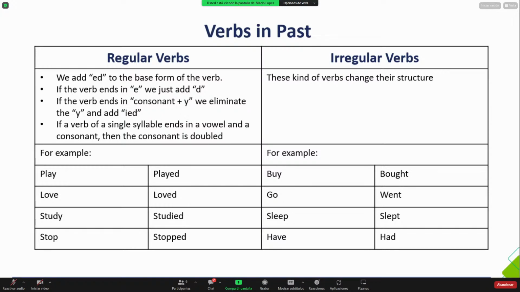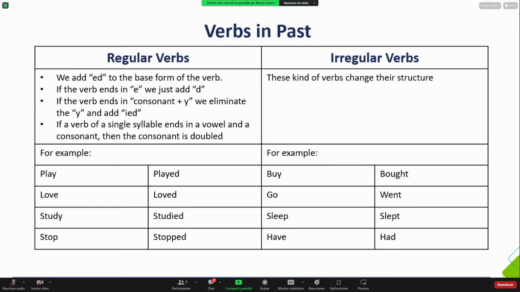And the last rule, if a verb of a single syllable ends in a vowel and a consonant, then the consonant is doubled. Si el verbo termina en vocal y consonante, verbos de una sílaba que terminan en vocal y consonante, duplicamos la consonante.